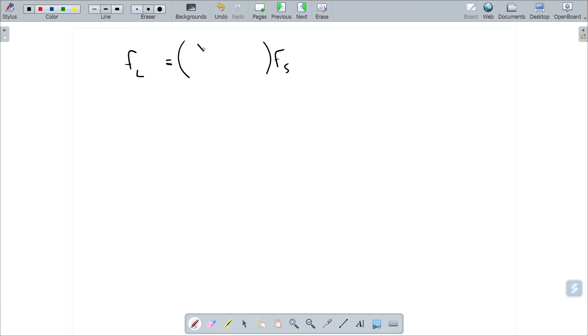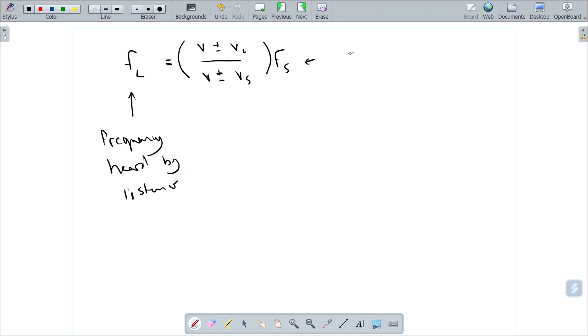And this is going to be given by the following equation. Right. So this is the frequency observed by the listener. This is the frequency of the source.